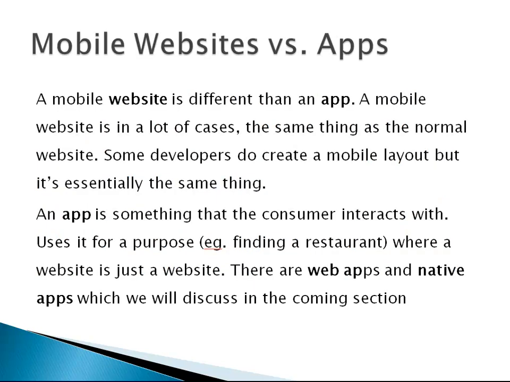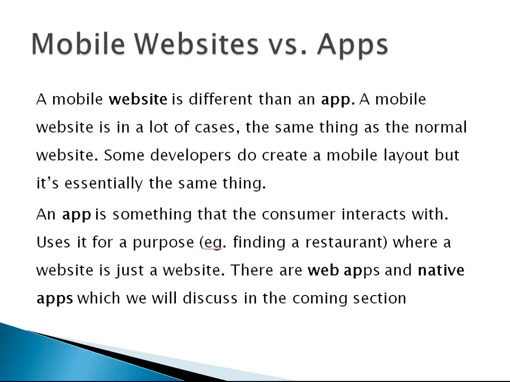So, mobile websites versus apps. In some cases, there's not much difference between a mobile website and an app. A mobile website is usually open in a browser, so you'd have to go to Safari or Chrome, open up a web browser and type in the internet address. But nowadays, with tools like PhoneGap, we can actually make anything into an app.